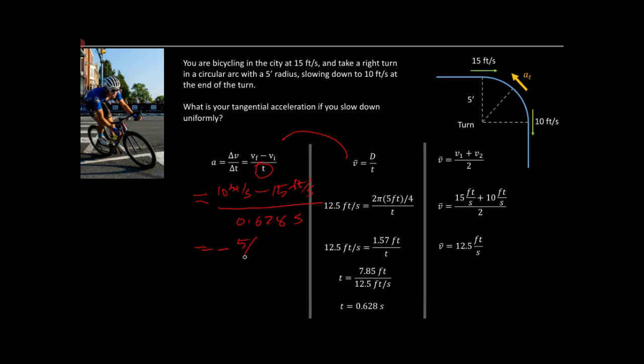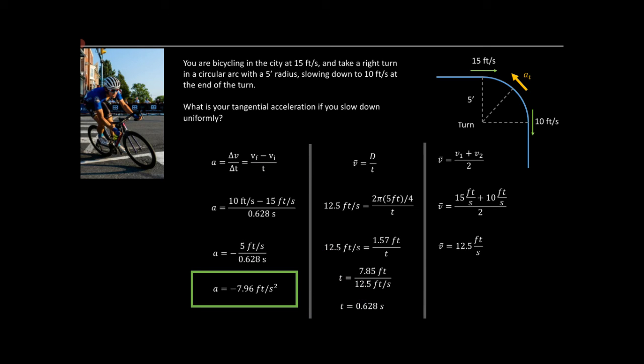It's minus 5 divided by 0.628, and that's feet per second squared. So this is going to be larger than 5, which gives us minus 7.96 feet per second squared. Okay, so that means we've got a reasonable slowing down for this amount of time.